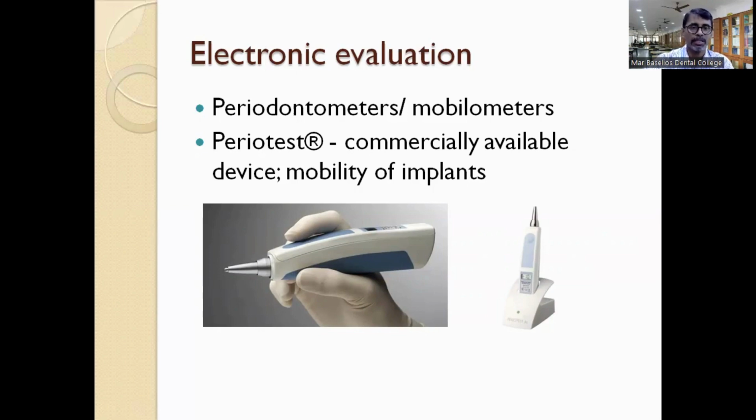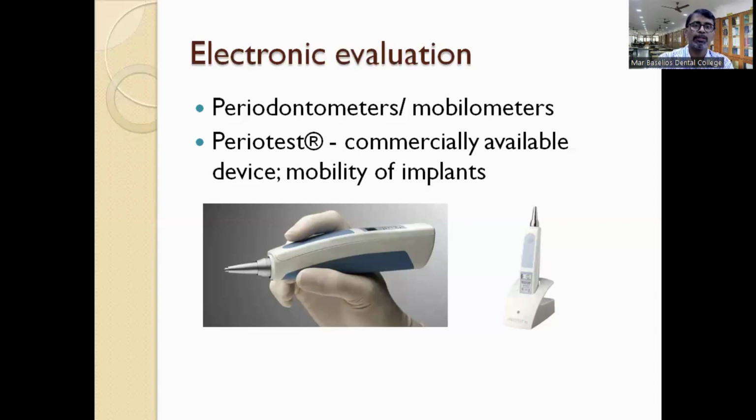It is a commercially available device, and as you can see, the latest version is a handheld device. One thing you have to note is that it is not graded like grade 1, grade 2, grade 3. You have Periotest values of mobility of a tooth. The digital readout gives certain values denoting the range of mobility.